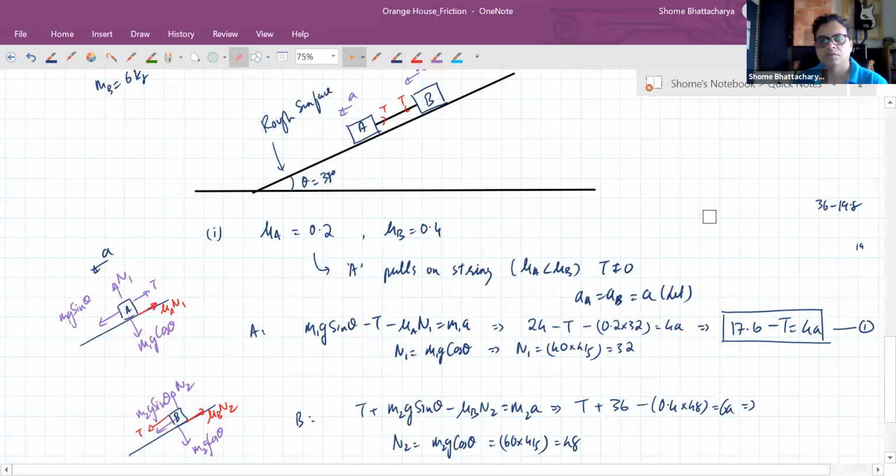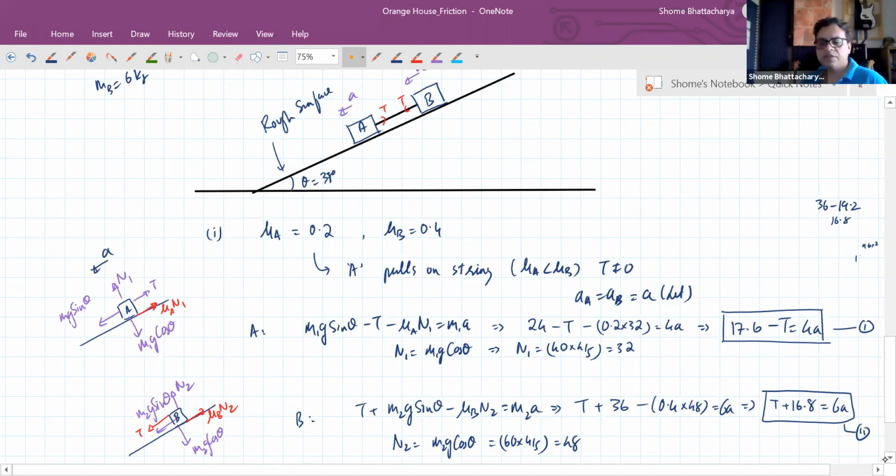No, sorry, 0.2. Okay, so that will become 16.8. So this is our second equation.